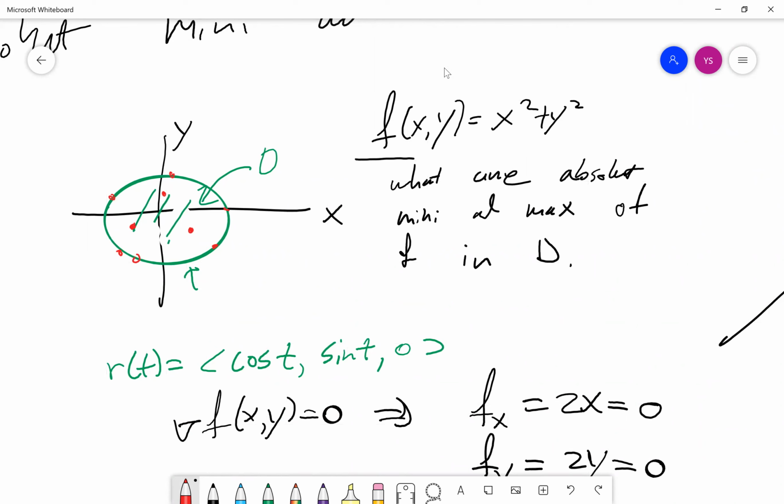In this case, we need to actually look for the critical points on the boundary. So how can we do that? Well, we can say that on my boundary, this is the curve I get, right? And so what is my function going to be on the boundary? Well, I can take this curve and I can plug it into my f of x, y.